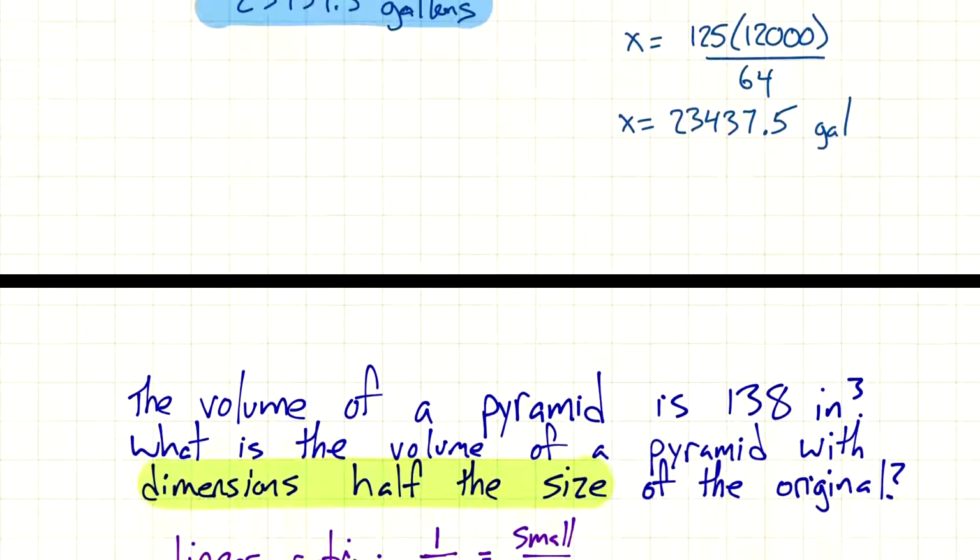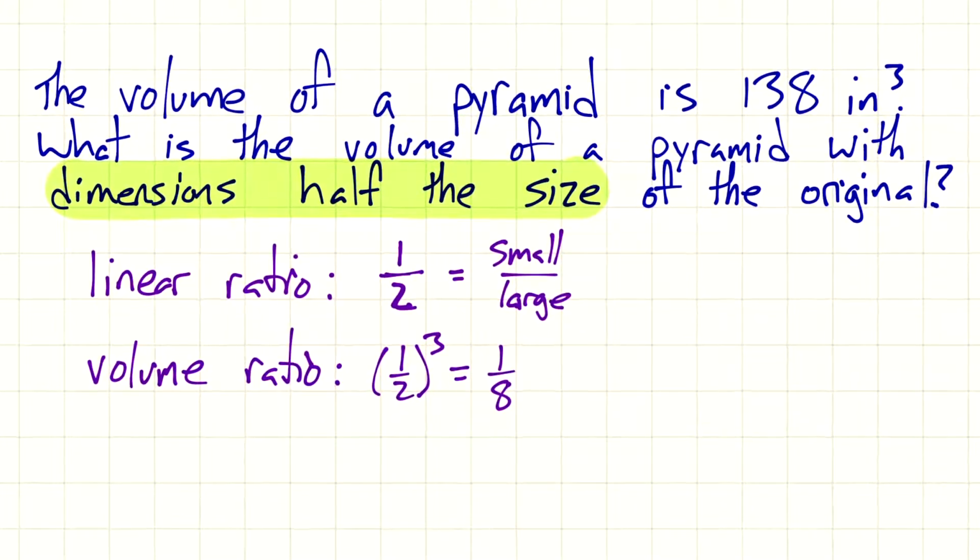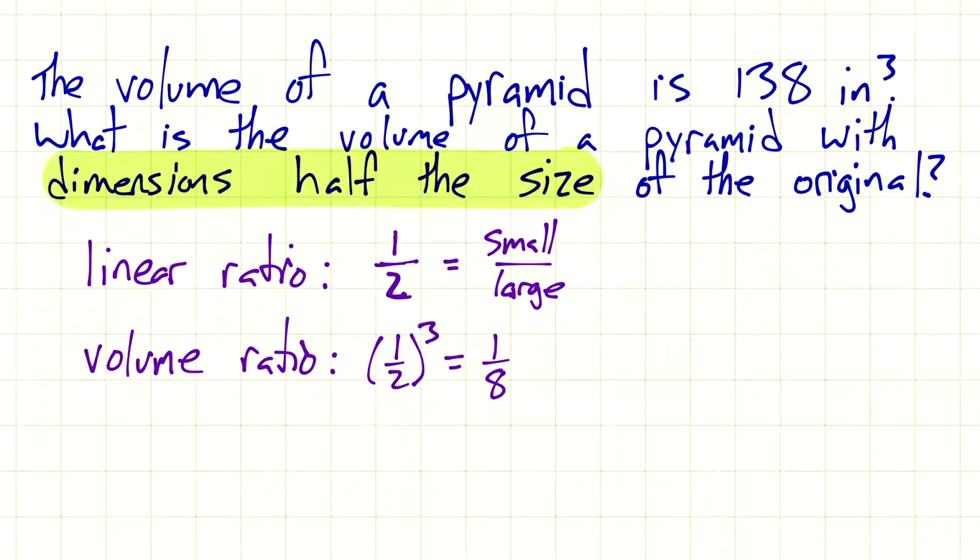And then this next one, I wanted to do a problem where the shape was actually reducing in size. And so I've kind of started this for us. In this case, we have a volume of a pyramid, which you may or may not know about at this point. We do go over pyramids in the next lesson. But like I said before, it doesn't really matter what the object is.